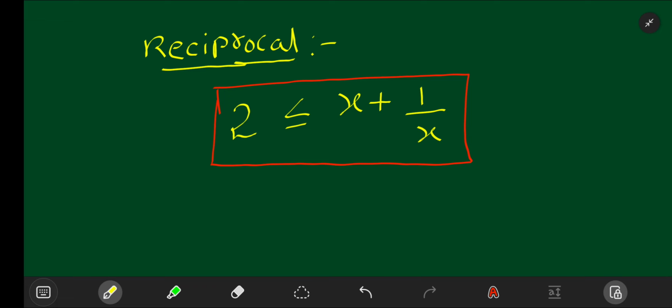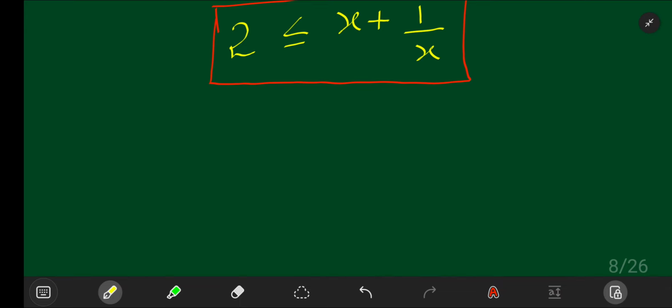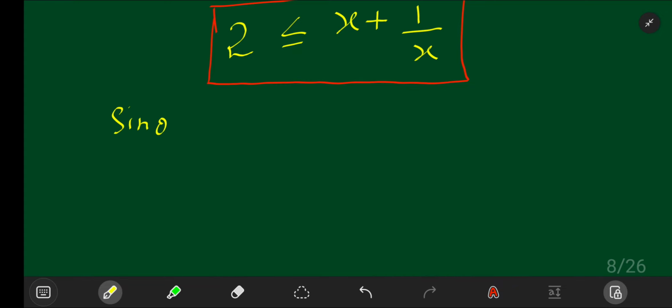Now, what are the reciprocals regarding trigonometric functions? We know the reciprocal of sin theta is cosec theta. Yes or no? I already said in the first class.